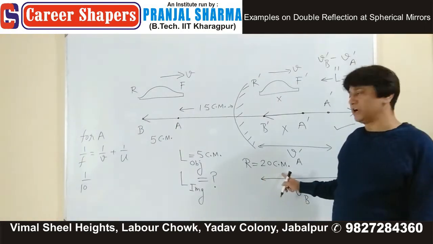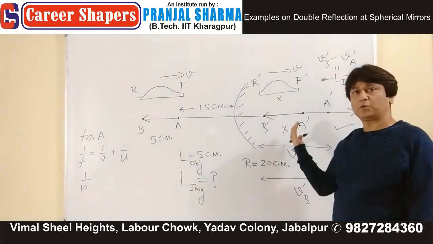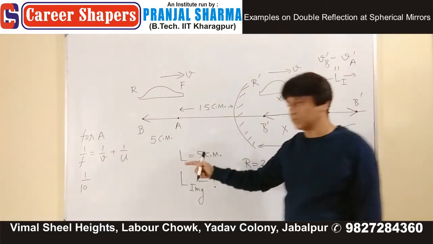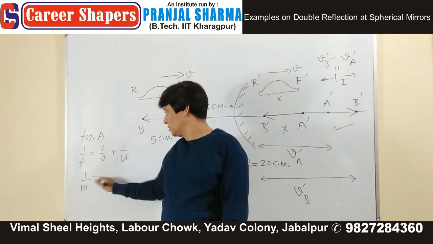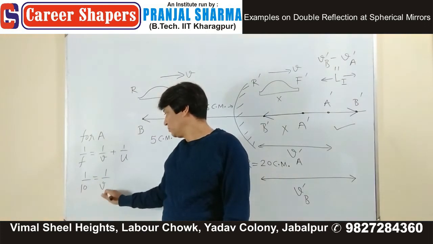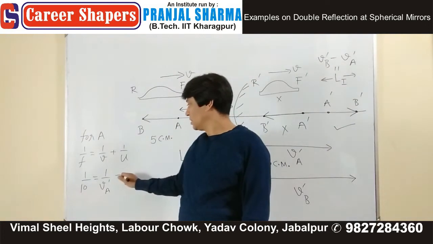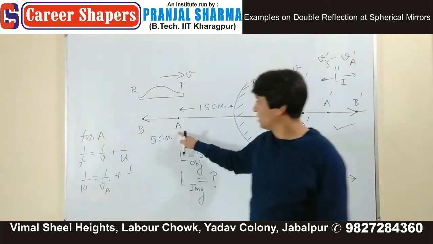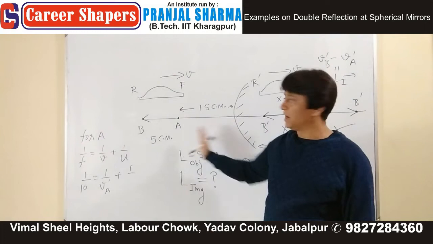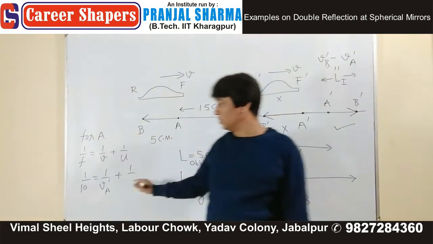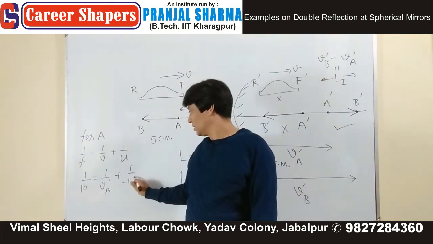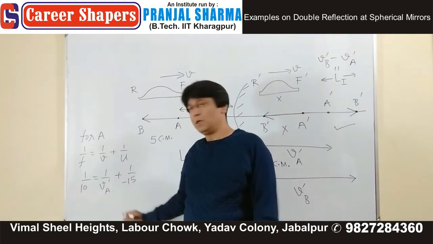Radius is 20 centimeter. On the right side, focal length is plus 10. We need the position of A dash. As an object, A is on the left side 15, so U is minus 15.